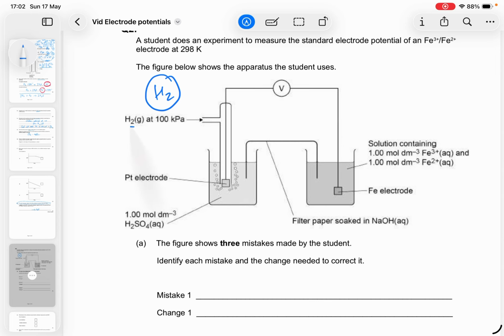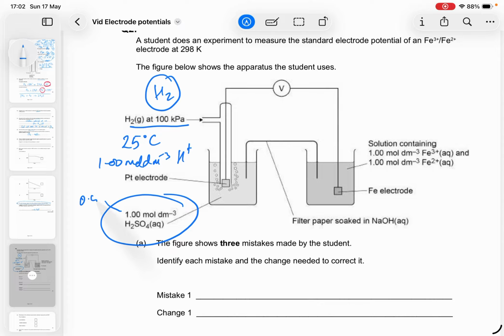It needs hydrogen at 100 kilopascals and 25 degrees Celsius and 1 molar concentration of hydrogen ions. So this is a mistake. You either have 0.5 molar sulfuric acid or 1 molar hydrochloric acid here.